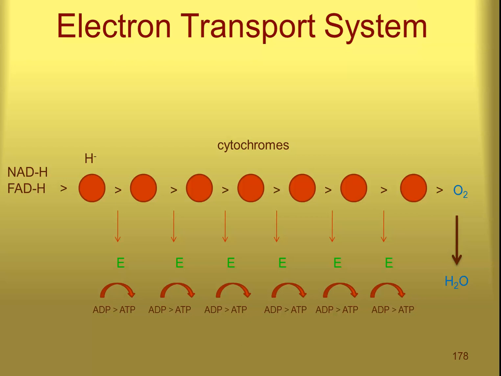So the last person in the bucket brigade, the last cytochrome, has to hand off the hydrogen atom with its electron to something in order to free it up to get more hydrogen atoms from the upstream cytochromes, obviously.